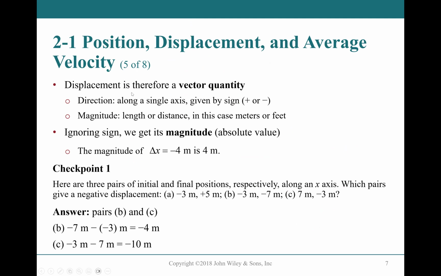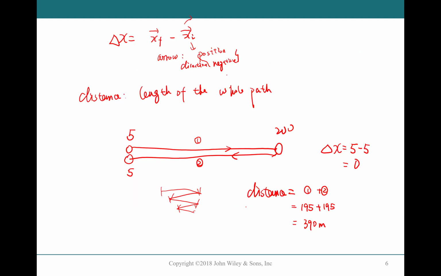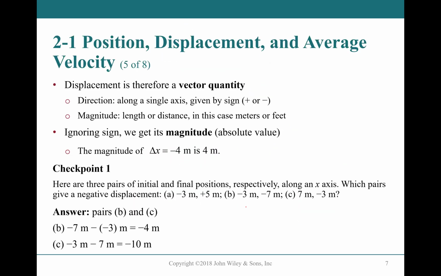Okay, so here we have our displacement. You can see we have positive or negative sign, like from 5 to 12, it's positive 7, from 5 to 1 instead it's negative 4. So it has positive direction or negative direction because the object can either go this way or go the other way, right?